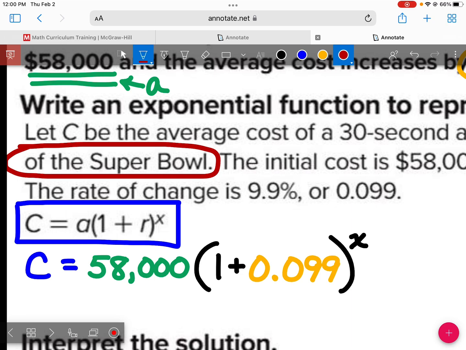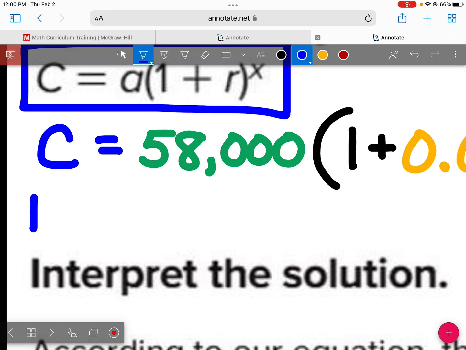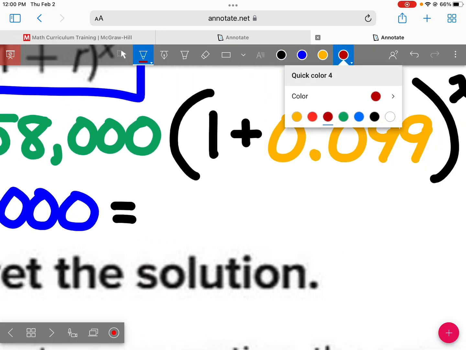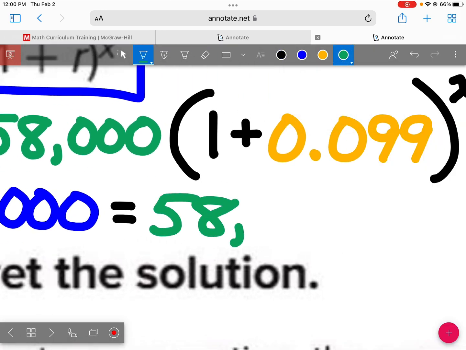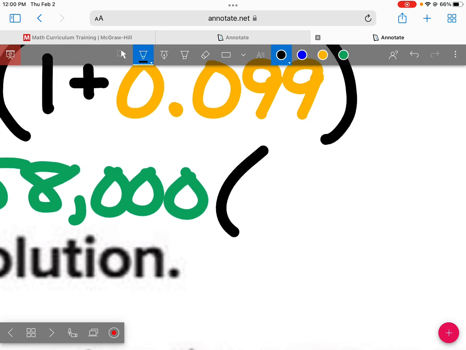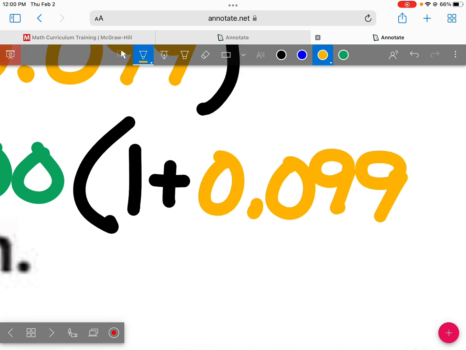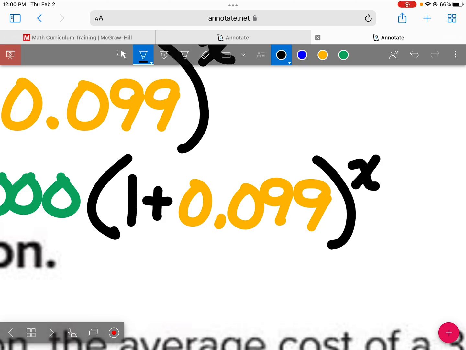I want you guys to help me figure out when the cost for a 30-second ad got to $1 million. So I'm going to put 1 million in the place of C. How many zeros does 1 million have? 6 zeros. 1 million equals 58,000 times 1 plus 0.099 to the power of x.